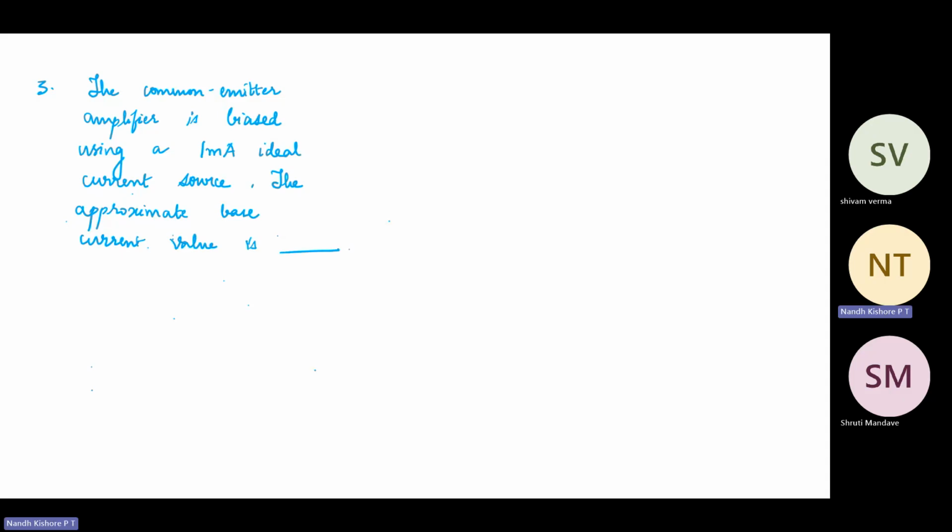So they have given a circuit over here. Let's draw the circuit. They have given VCC equal to 5 volts. So RC is, okay, let me draw the circuit on the side.